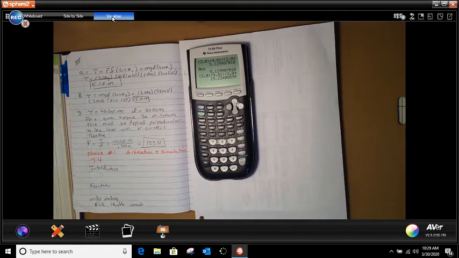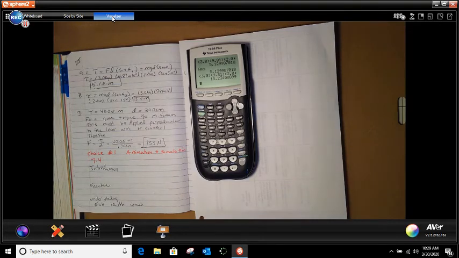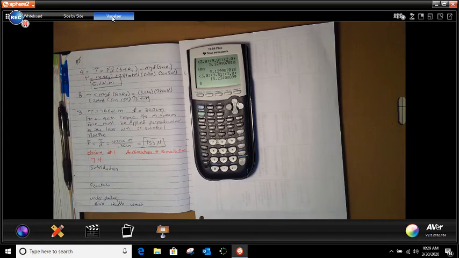All right. So number 3, if the torque required to loosen a nut on a wheel of a car has a magnitude of 40 newton meters, what is the minimum force that must be exerted at the end of a 30-centimeter wrench to loosen the nut?